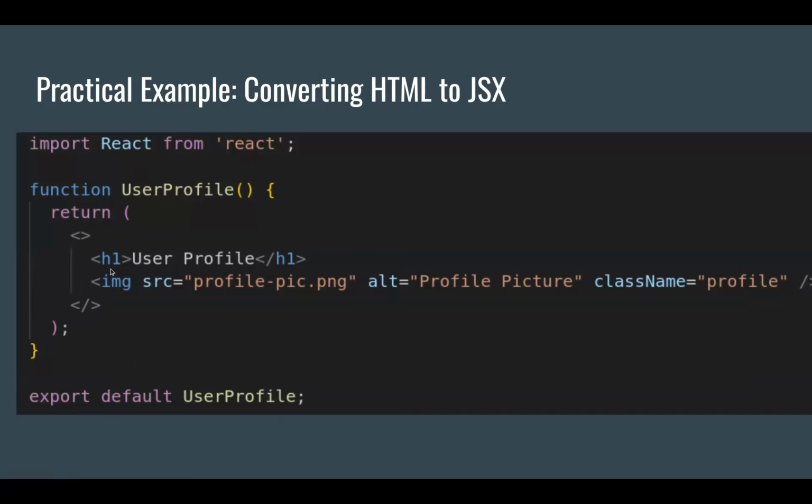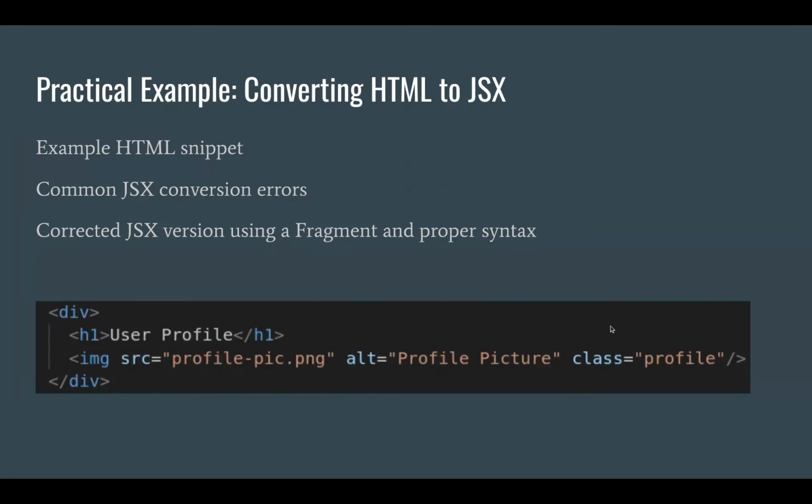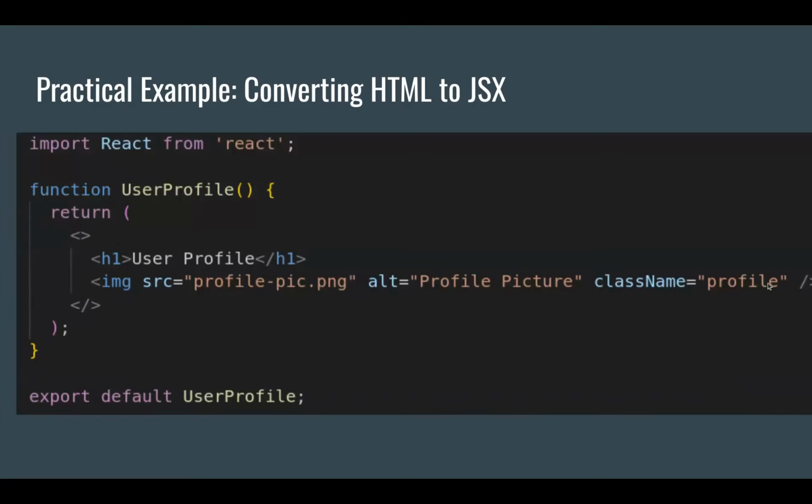Because we have two tags, we would need to have a fragment in order to meet JSX's stricter rules. And we can also see that in this HTML example, it has class here, but here you will see className in camel case.